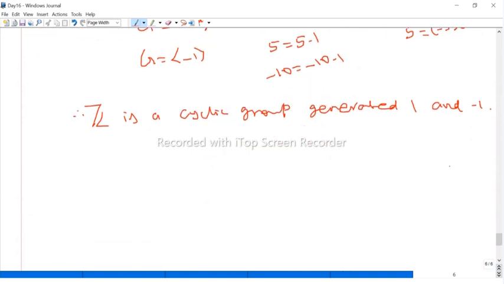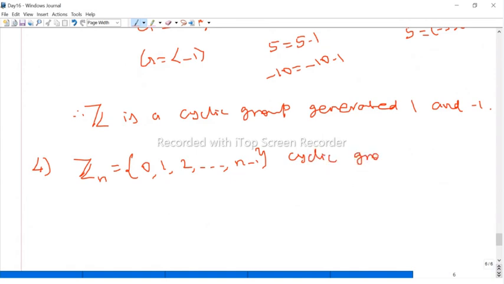Now, another important example of a cyclic group is Zn, integers modulo n. I already said Zn, where n is any number, with elements 1, 2, 3 up to n minus 1. It's always a cyclic group. Now, what are the generators?